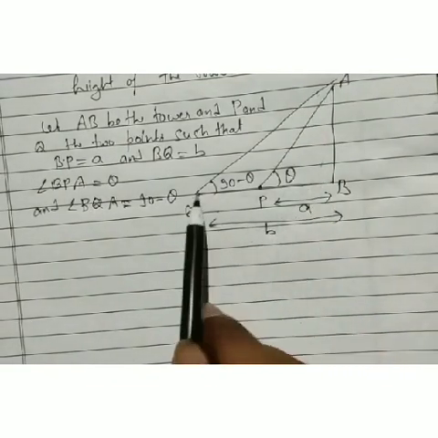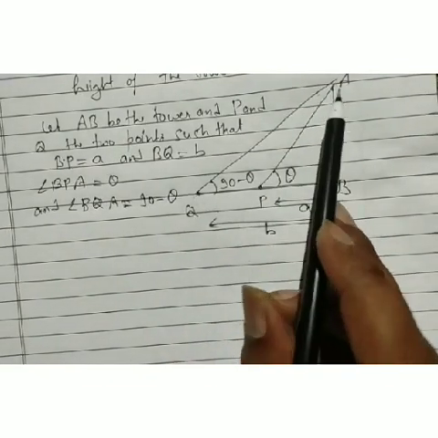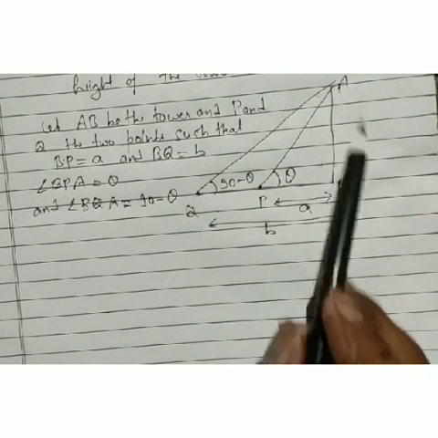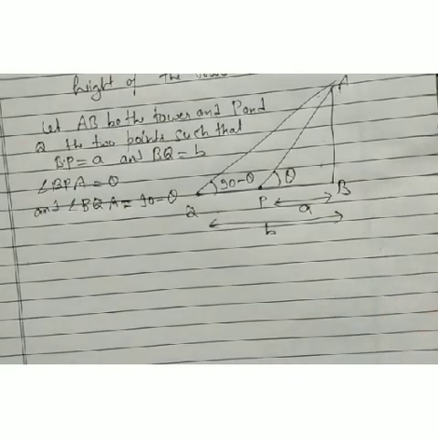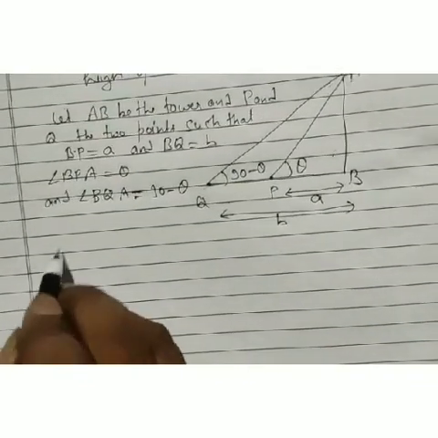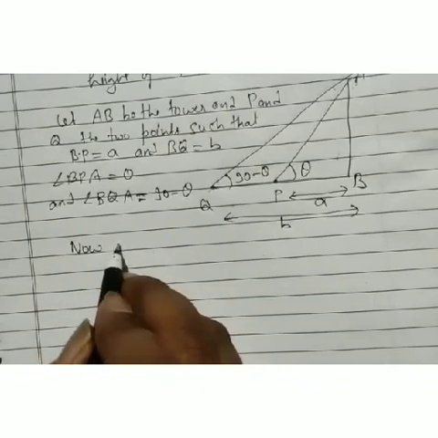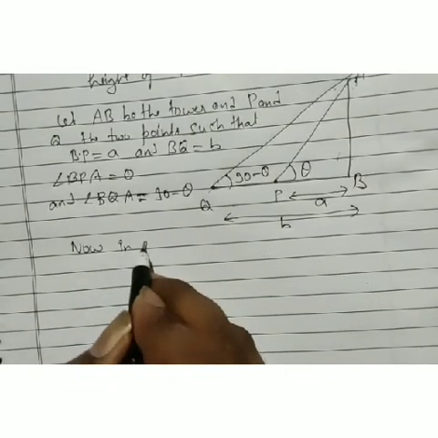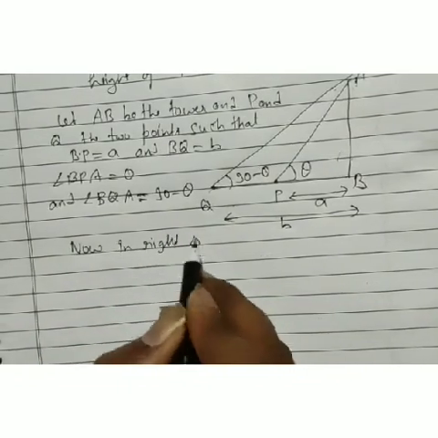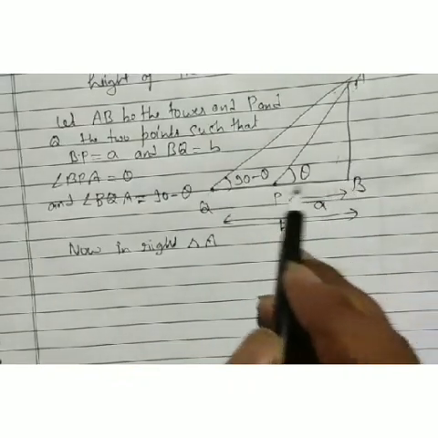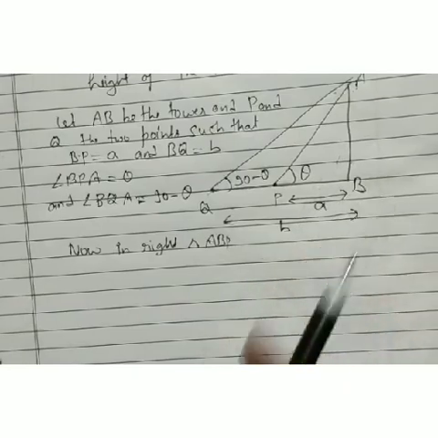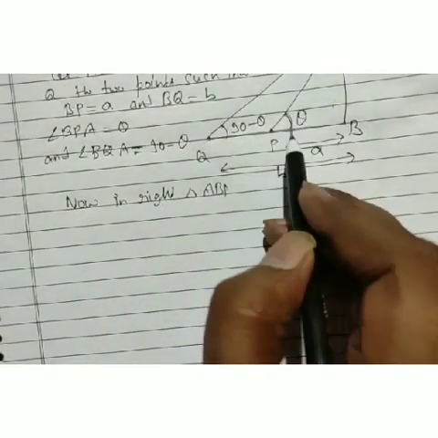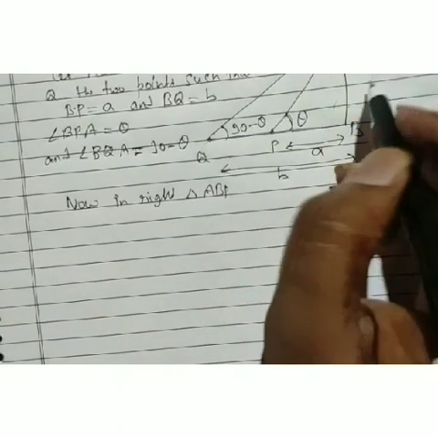Now look, we have two right angle triangles. First one is ABQ and the other is ABP. We take them one by one. In right triangle ABP, this is our angle theta. We have to find the height of the tower, this AB.